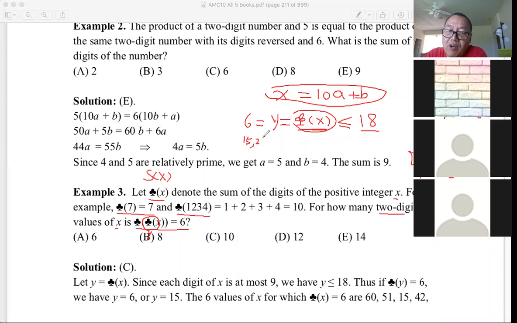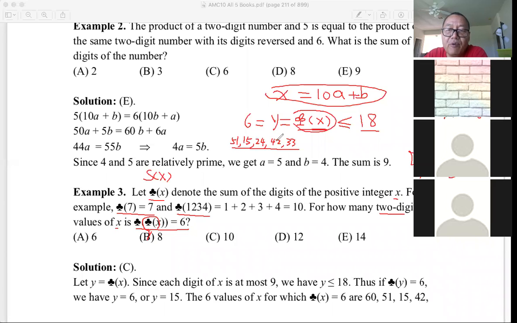And 24, because 1 plus 5 gives you a sum of 6, right? So 15, 51, right? 24, 42, and 33, right? So now how many do we have? If Y equals 6, then we got these numbers.